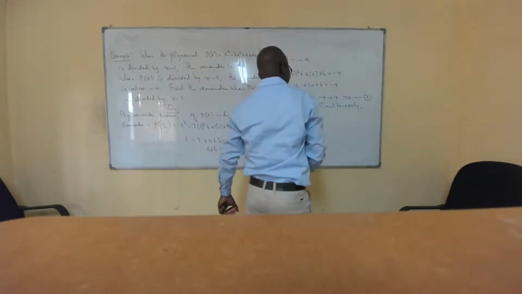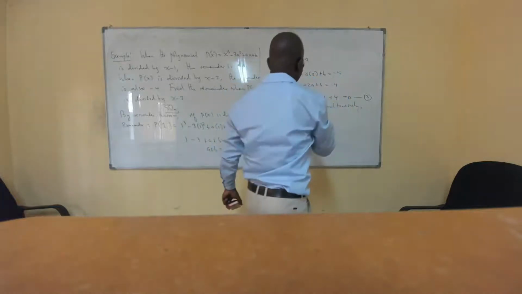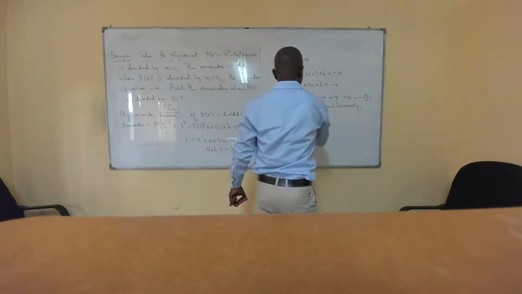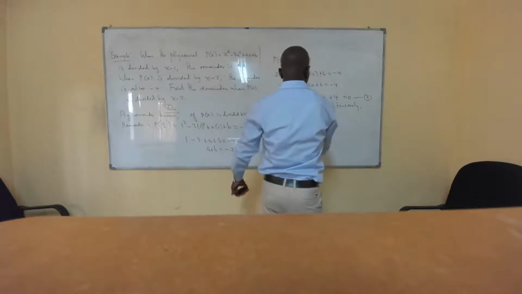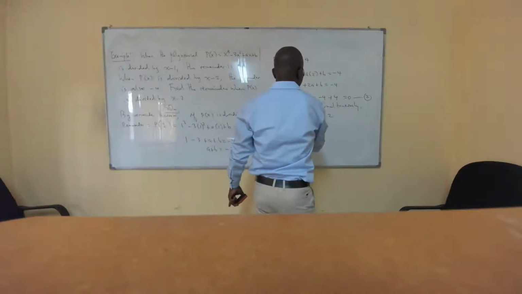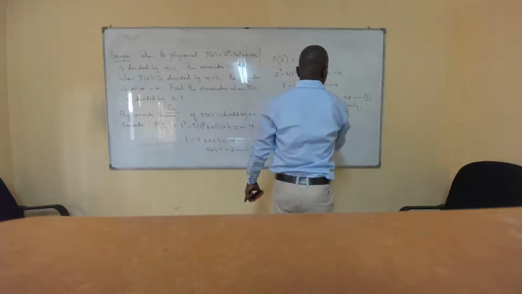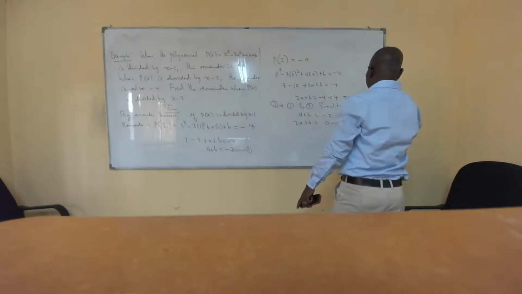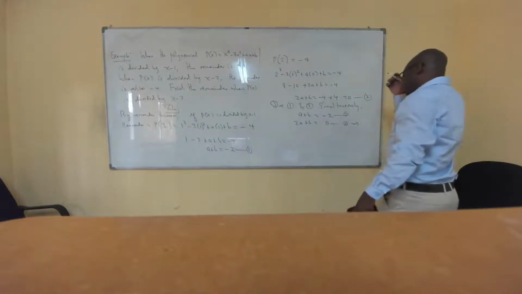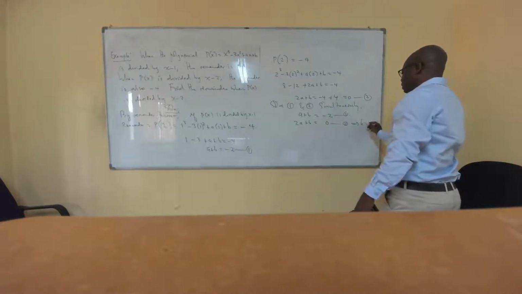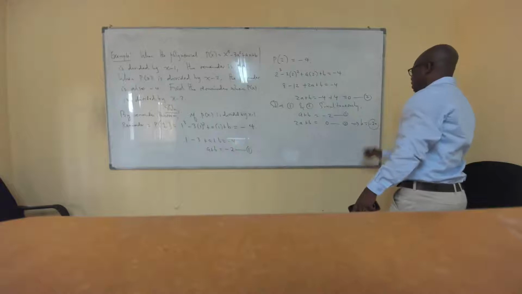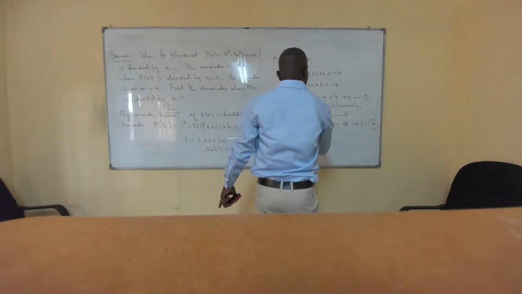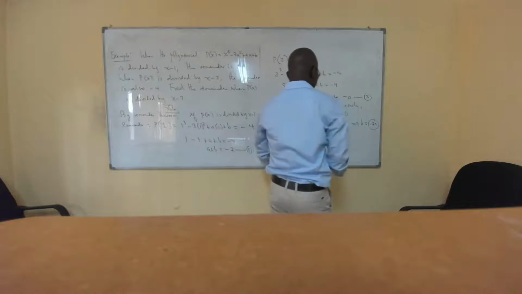So solve 1 and 2 simultaneously. We have A plus B is minus 2, and we have 2A plus B is 0. This is your 2, this is 1. But from 2, you see that B is minus 2A. So put this value in 1. Where there is B, put that.